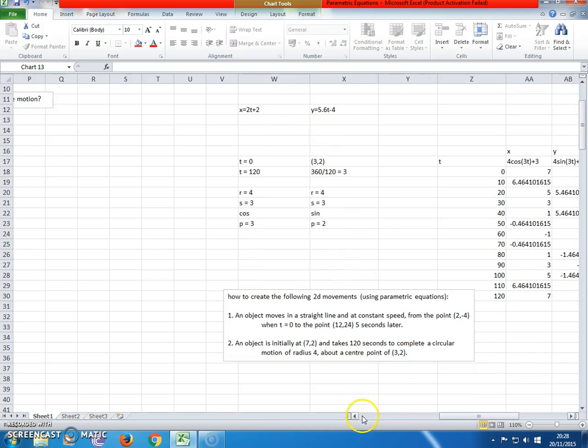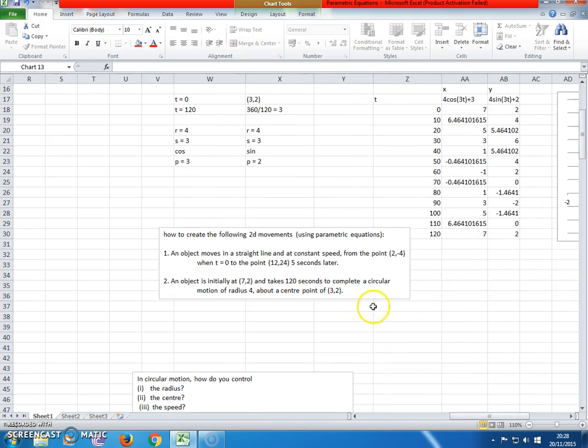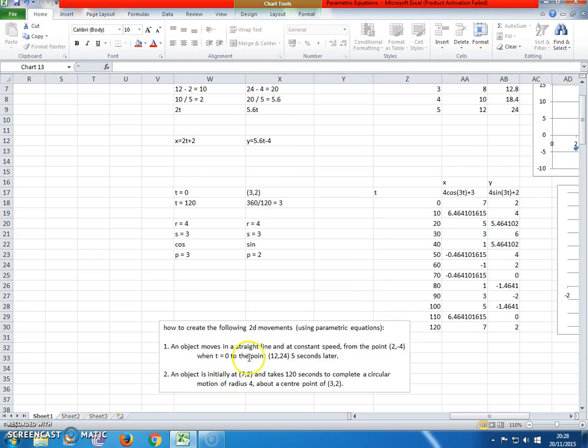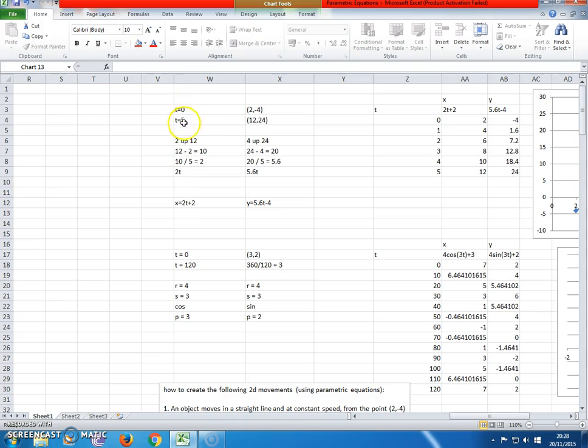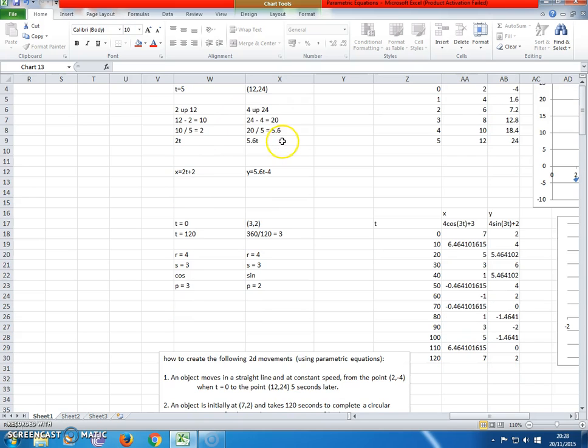Now for our example, we're going to create an object that moves in a straight line from 2, 4, where t is 0, to the point 12, 24, 5 seconds later. If we set those up, we have our positions and movements. The x is going to go up by this much, and the y is going to move by this much in distance.